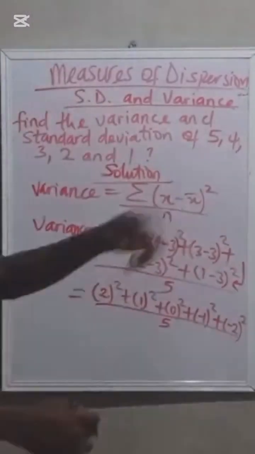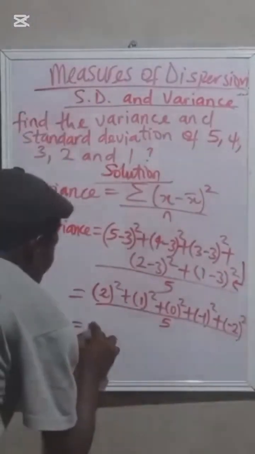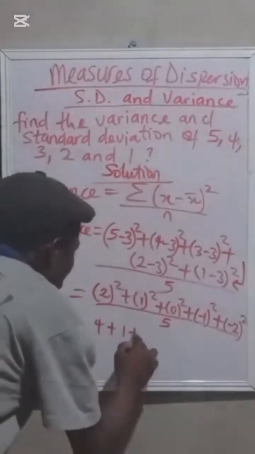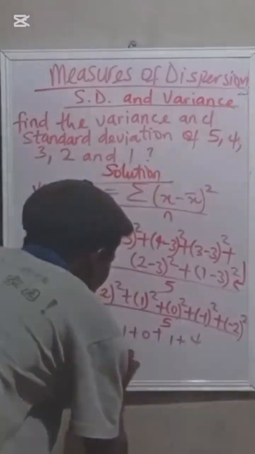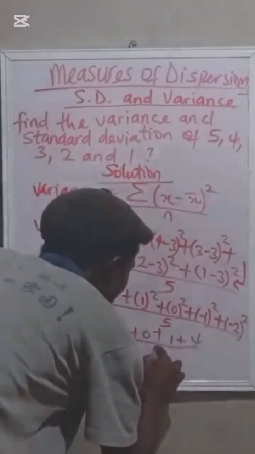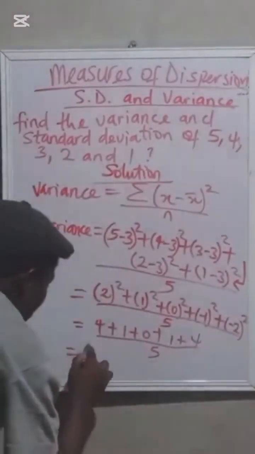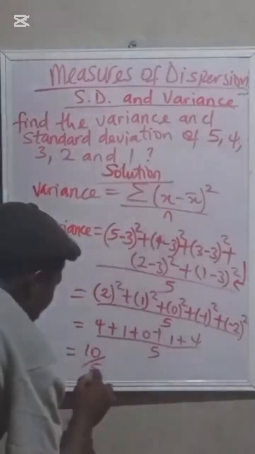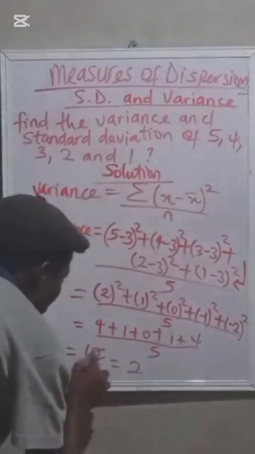The next thing is to square everything. So squaring it, we have 4 plus 1 plus 0 plus 1 plus 4, divided by 5. And this is going to give us 10 divided by 5, which equals 2.